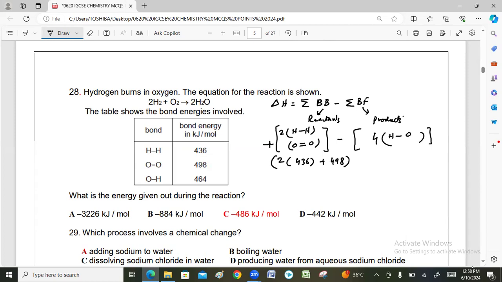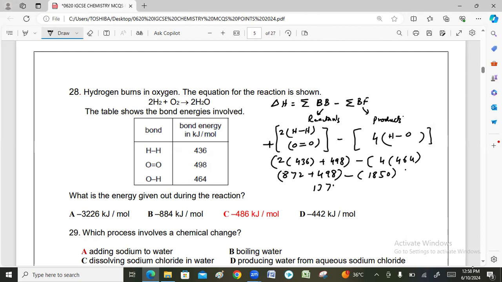So that is the energy which is required to break bonds, and for bond making, 464. So if you take the sum of these energies, 872 plus 498, that is the energy required to break bonds, and the energy which is released during bond making is 1850.